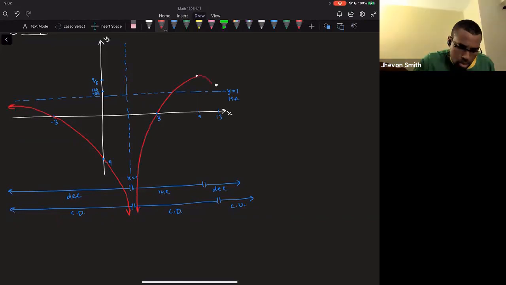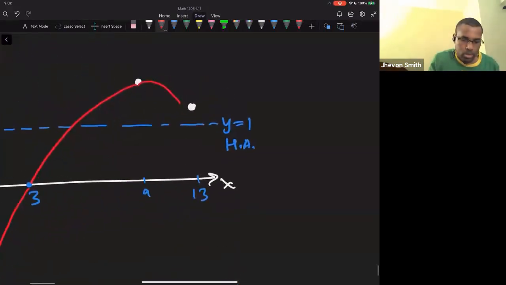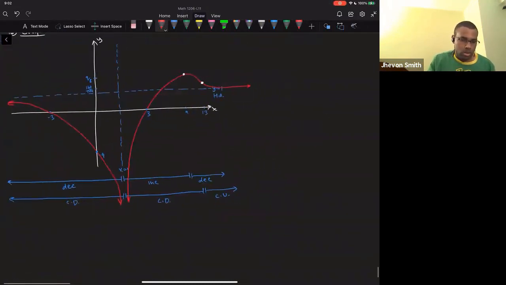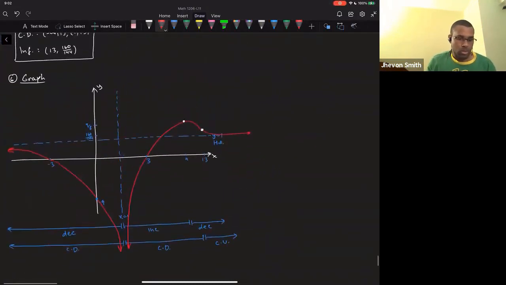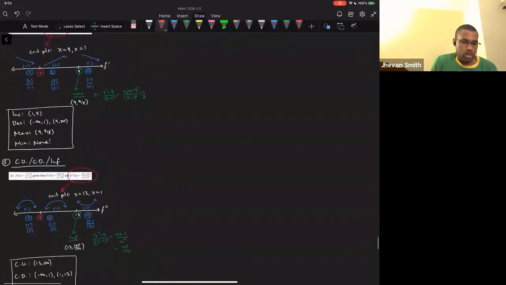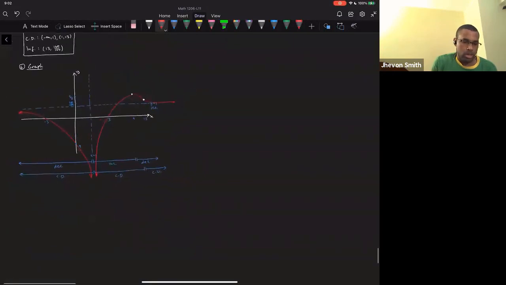And I'm going to turn around here, and go to a frowny face, and then head off like that. So that's that graph. That's what that graph would look like.